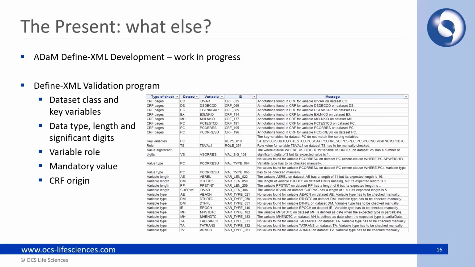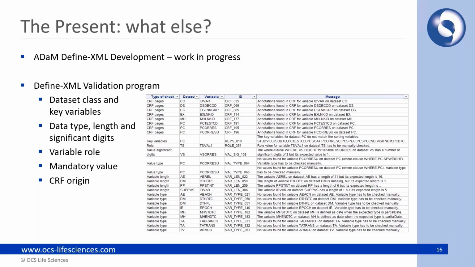This validation program was created to complement the validation checks that we were already doing using Pinnacle 21 Community, and based on how we were already deriving these. So it will look at your key variables, it will check the data type and lengths, it will check variable roles, it will check your CRF annotations to check if a variable is annotated in CRF or not.